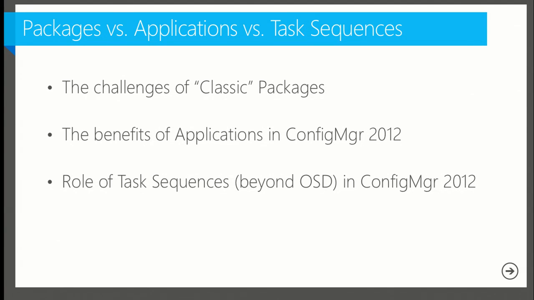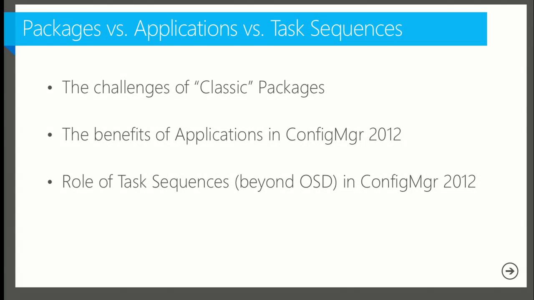And so it just adds a lot of administrative overhead. The benefit of applications in Config Manager 2012 is that you now get a lot of built-in logic for the deployment. You can take, for example, Adobe Reader, grab that MSI and deploy it to all your Windows desktops, and it will only install based upon the applicability rules. So Config Manager 2012 has come a long way in simplifying systems management, especially on the desktop side.